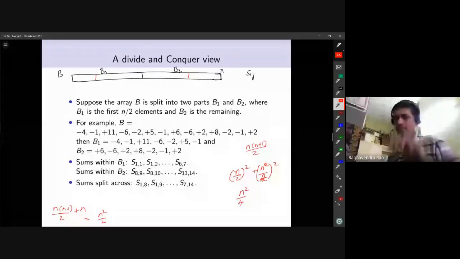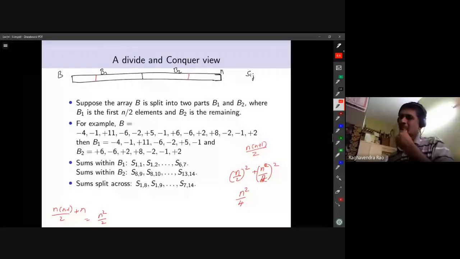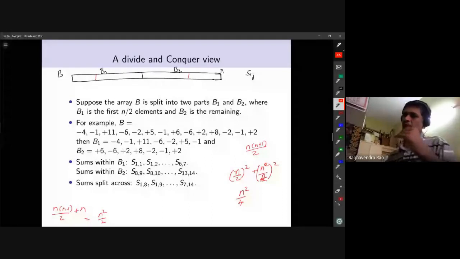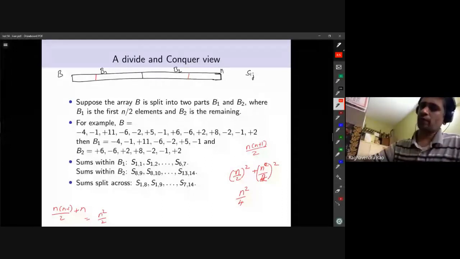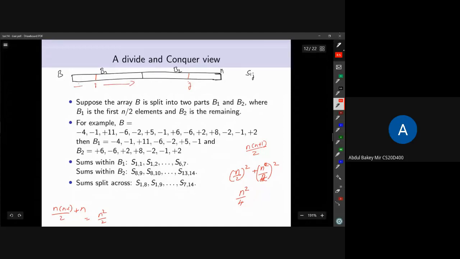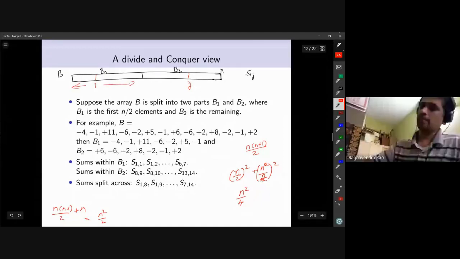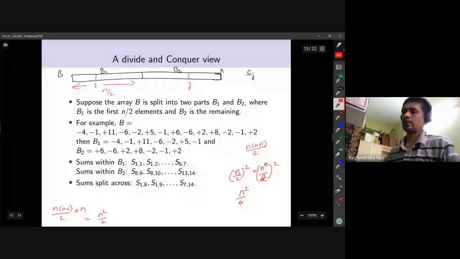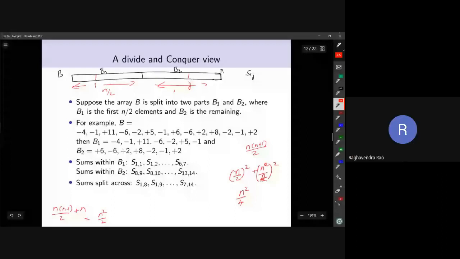Quickly, somebody. So you choose an i from here and j from here. How many choices for i? N by 2 for both. So it's still quadratic, right?